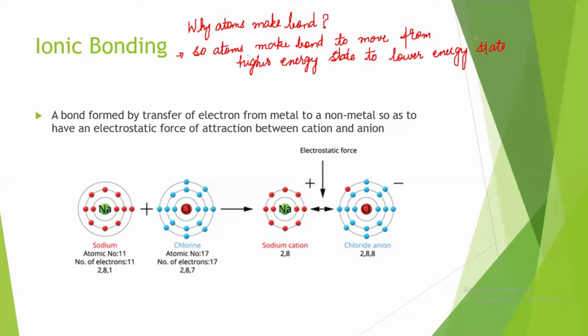So what actually is happening? This high energy state corresponds to an atom whose outermost shell is incomplete. And a lower energy state means a complete outermost shell.